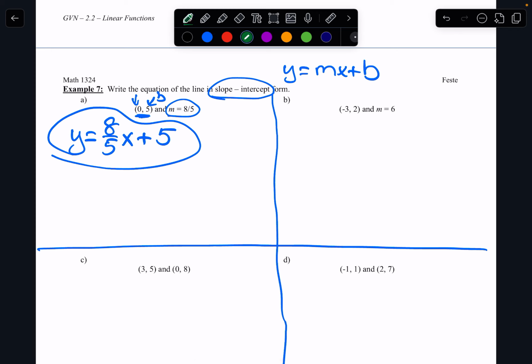Now, this next one, be careful. We have a slope, but we don't have a y-intercept. We have a point here. So that's when we're going to use the point slope form: y minus y1 equals m times x minus x1.